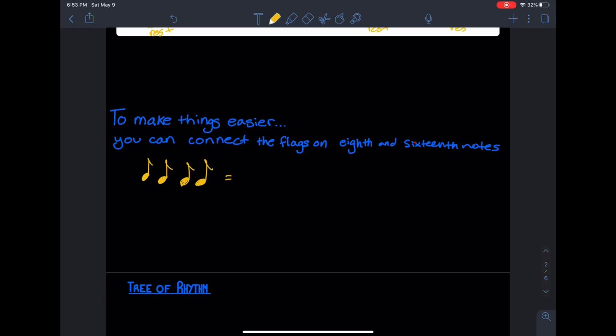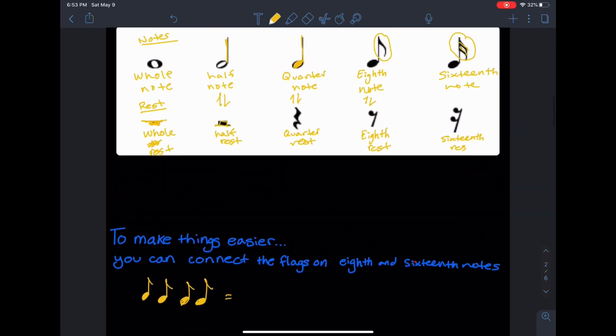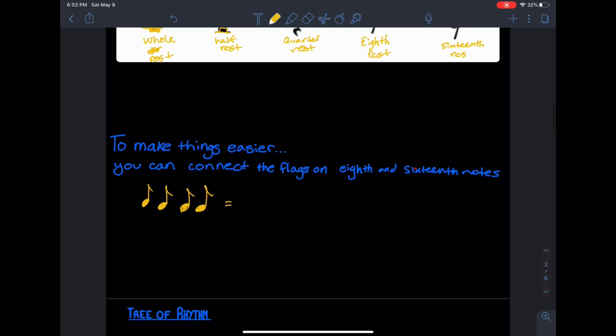They look a little confusing, and importantly, they look kind of like quarter notes. That's an issue because if we're reading music really quickly, we want to be sure of what we're reading. If we look at an eighth note, we might confuse it with a quarter note. So to fix that confusion, what composers and people who write music actually do is they connect the flags together. So they end up with something looking like this.